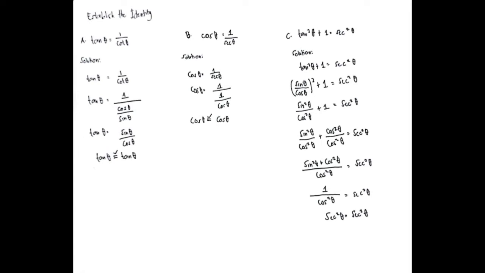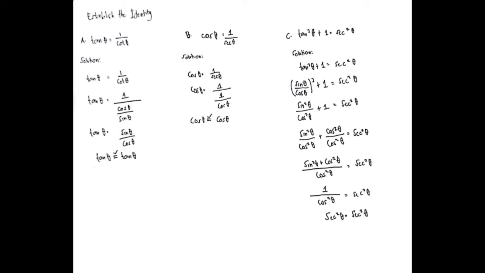So we have now tangent theta equals sine theta over cosine theta, and sine theta over cosine theta is equal to tangent theta. So it is proved that tangent theta is equal to 1 over cotangent theta.